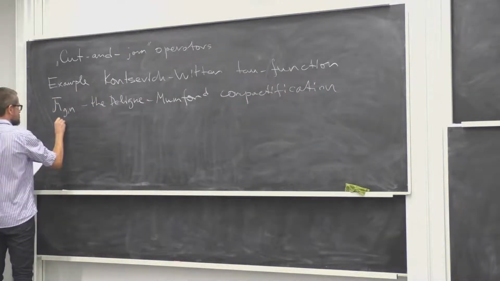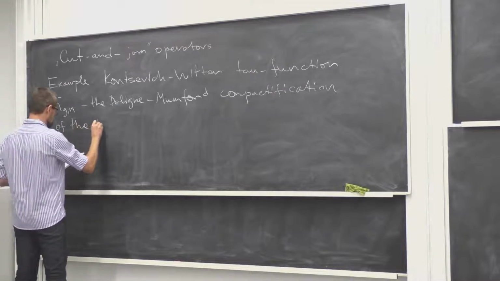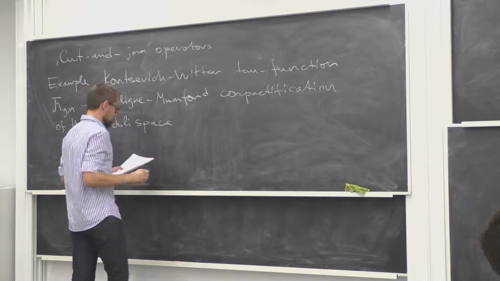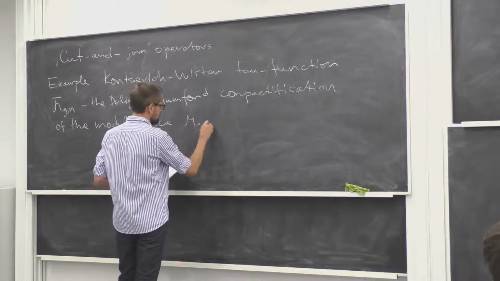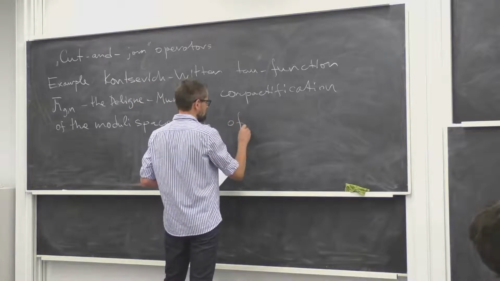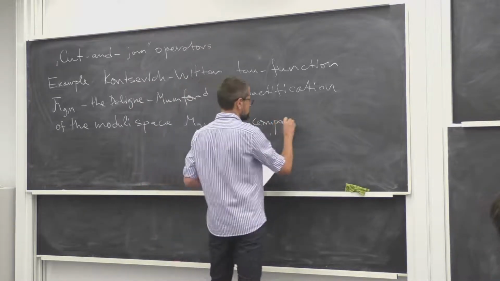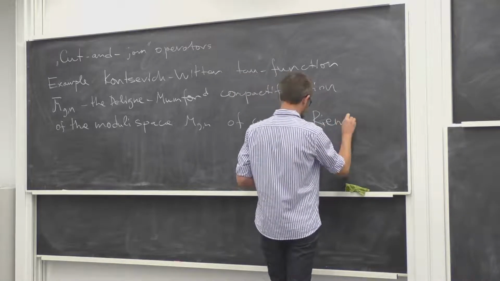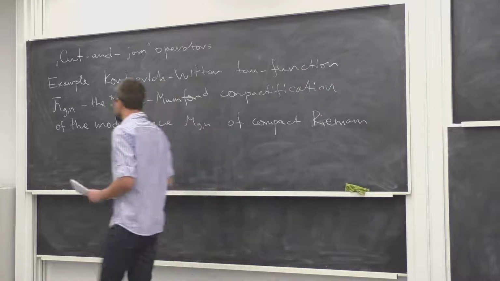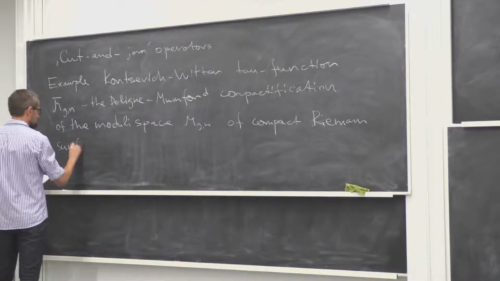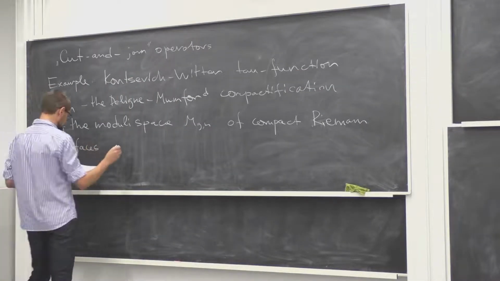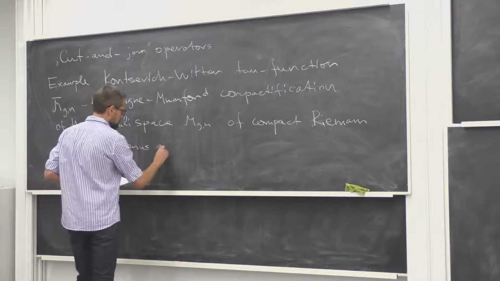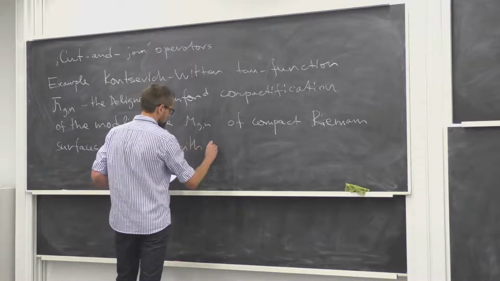Moduli space M_{g,n} of compact Riemann surfaces of genus g with n marked points.